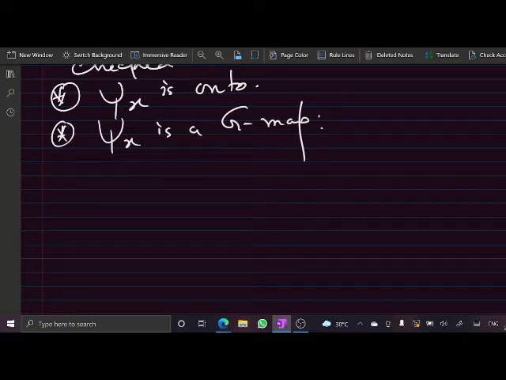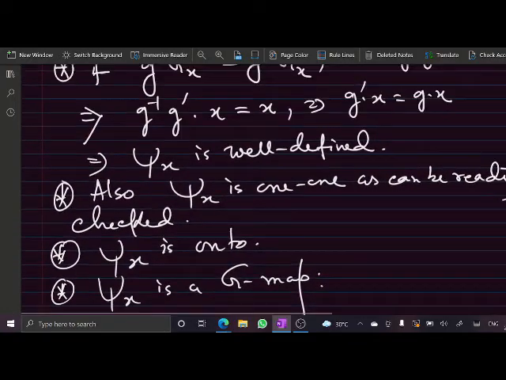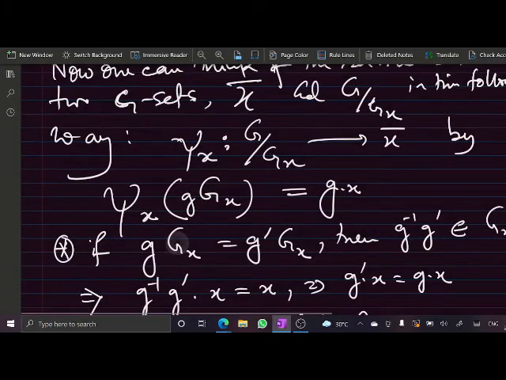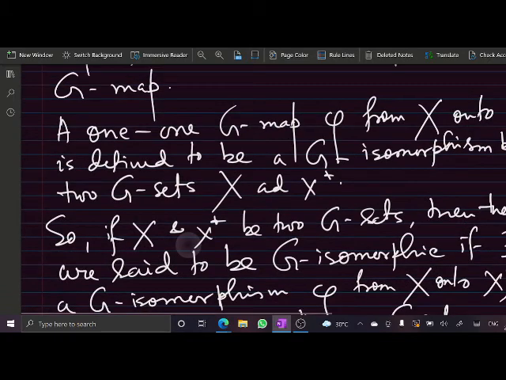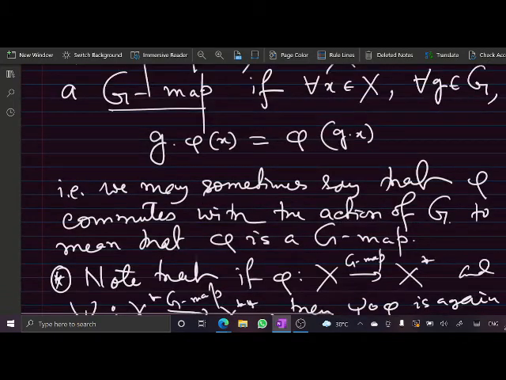So psi x is a G map. Why? So what is the definition of a G map? This one.